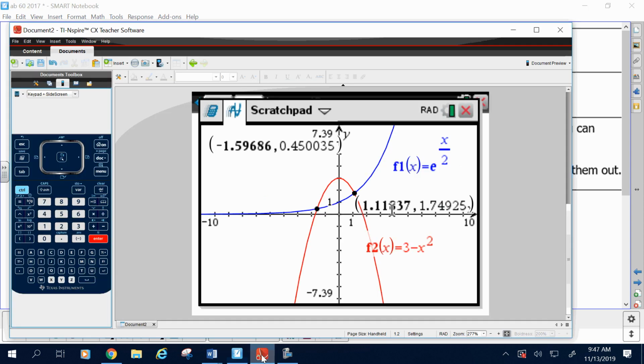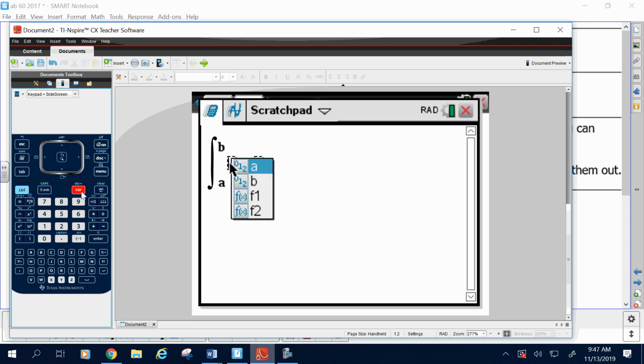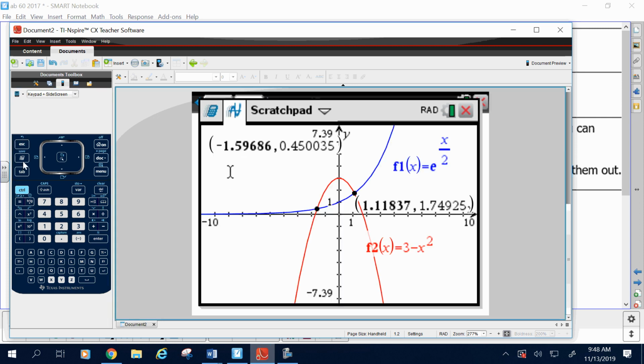Have the calculator calculate the integral value, shift plus, hopefully you have your variables, your endpoints stored. Hopefully you remember which function was in F1 and which one was in F2. I messed that up. I don't remember. F1 is, so I need to go F2 minus F1.